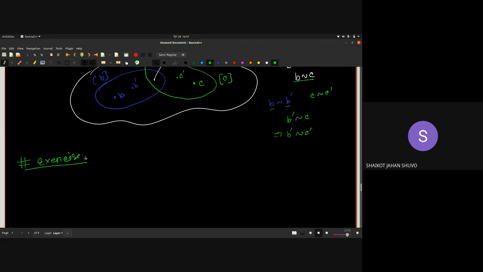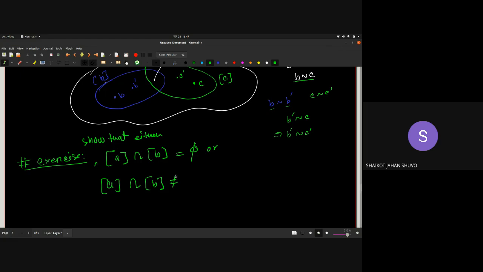So the exercise is that you show that these two equivalence classes are either disjoint, or, if their intersection is not the null set, then they're equal, they're the same thing.